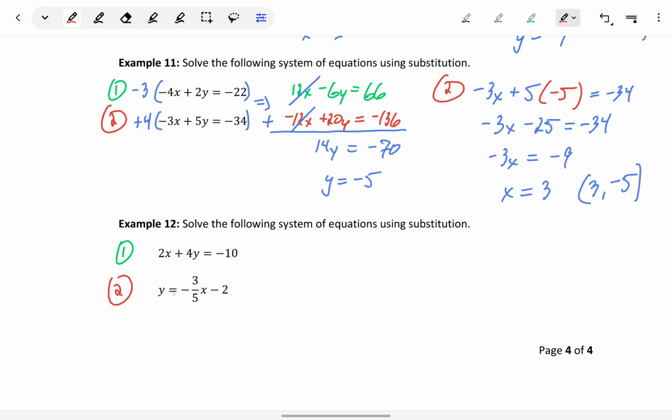But what we can do is, in example 12, take equation 2 and add 3/5 x to the other side to rewrite this as 3/5 x plus y equals -2.